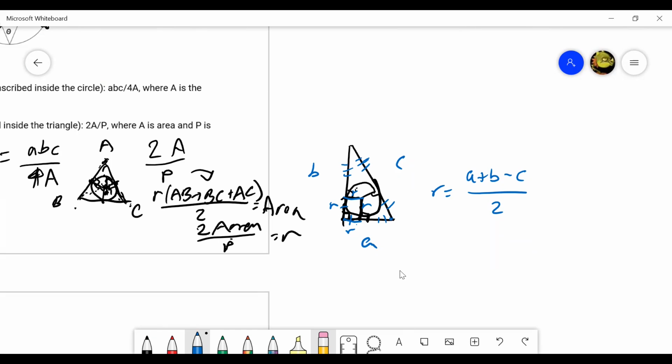So when we add A and B, we're adding basically 2R plus these 2 tallies, and then this length here is the 3 tally one. And C is just the 2 tally one plus the 3 tally one. So that cancels this part out, and you're left with 2R as the numerator. So you divide by 2 and get R. All right, that's kind of a neat trick.